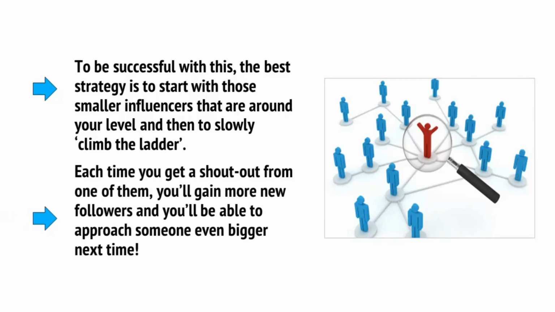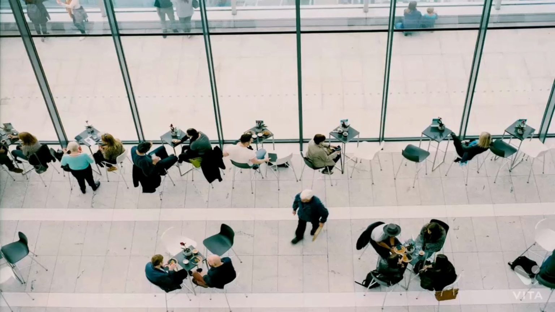Each time you get a shout out from one of them, you'll gain more new followers and you'll be able to approach someone even bigger next time. The best way to get influencer marketing and make big money from a blog quickly? Well, network in person with someone who happens to own a massive website. It's not easy, but it is possible.